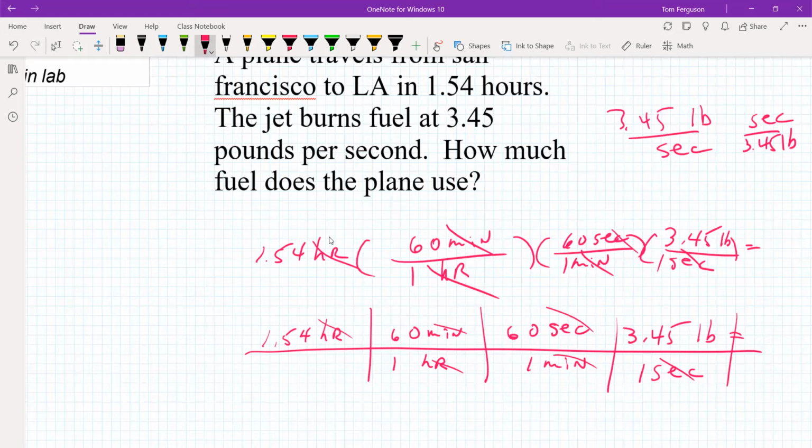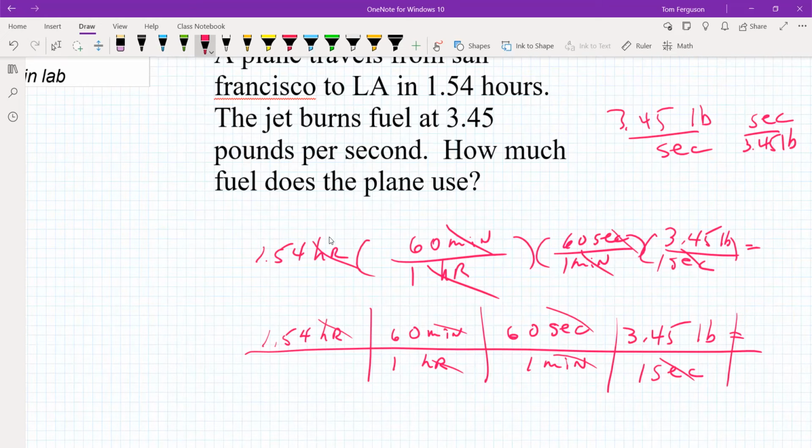So everything cancels except what we're trying to calculate. Again, everything's got to cancel except what you're trying to calculate. Most of the time it's going to be a single item. Sometimes the answer may be involving a fraction or something like that. But the bottom line is everything's going to cancel except what your units of your calculated value is. Otherwise, it's not right.